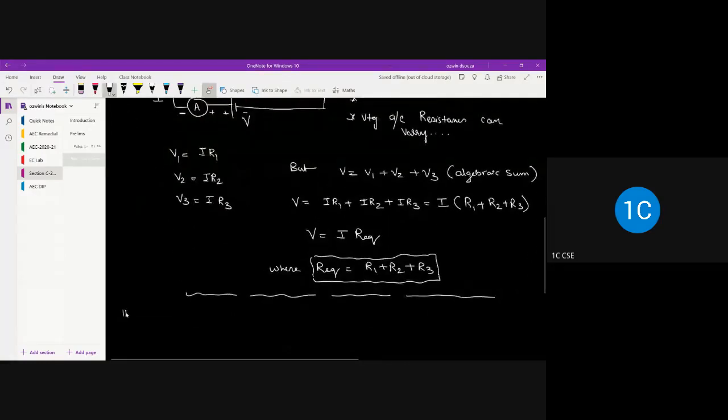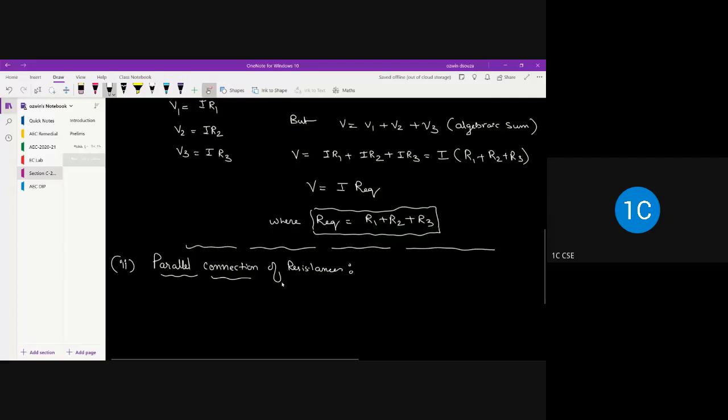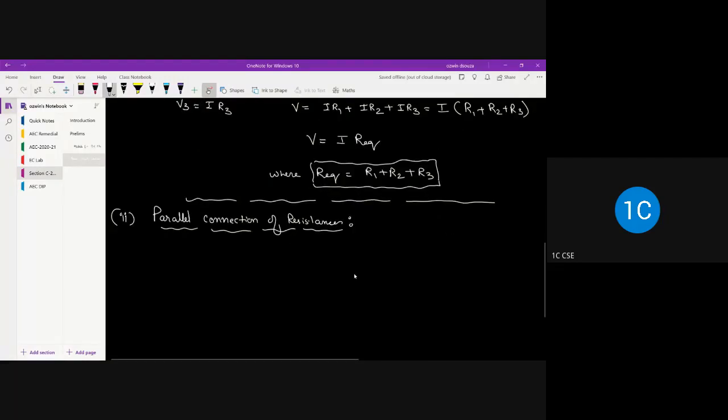So next up we have the parallel connection of resistances. Say for example, we have three resistors connected in parallel, say R1, R2, and R3.